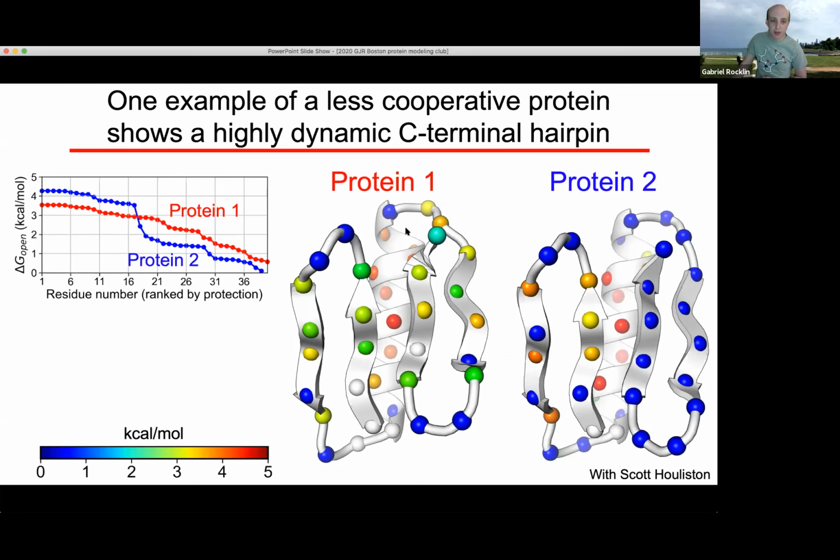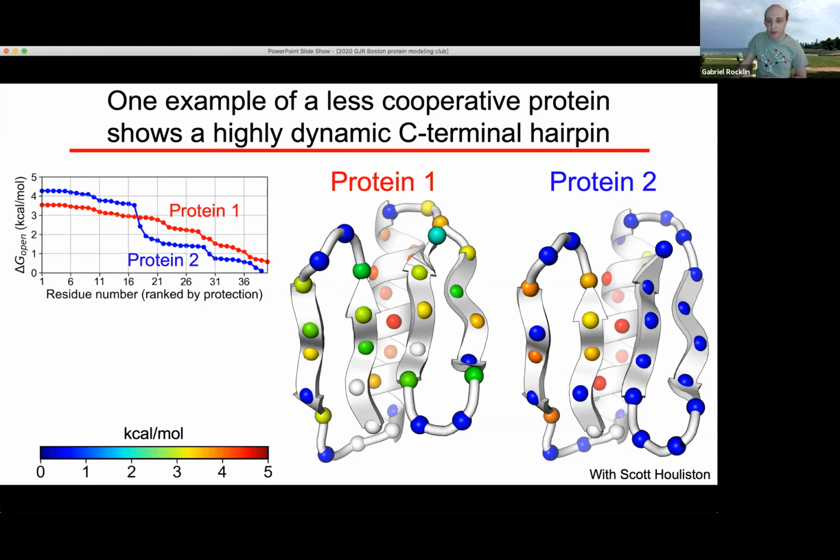And what we saw was that in both proteins, the helix was the most stable part. And in this red, very cooperative protein, there are similar opening energies, slightly less stable than the helix, across the beta sheet. But in this protein, this first hairpin is significantly more stable than its counterpart in the other protein.